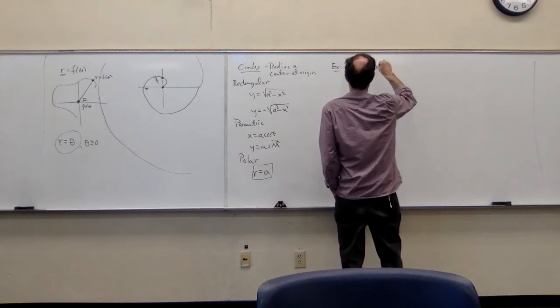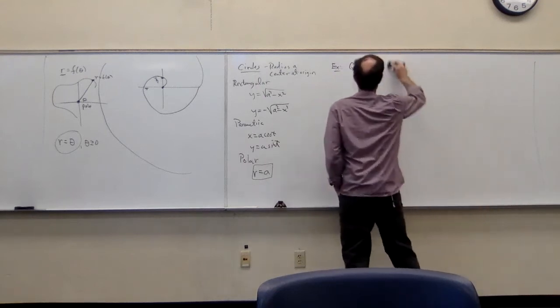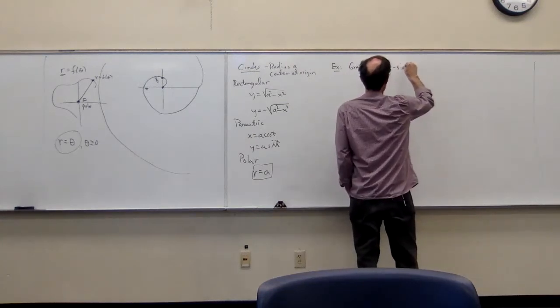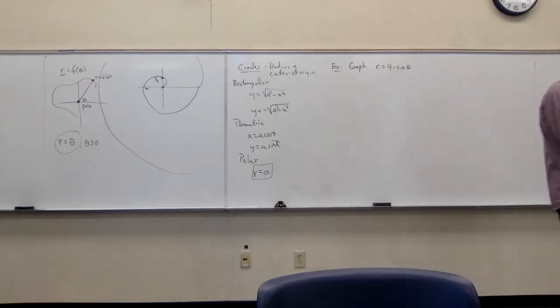A little bit different. Graph r equals 4 minus sine theta. Now, we absolutely can pull our calculators out. We can change the graphing mode to polar.